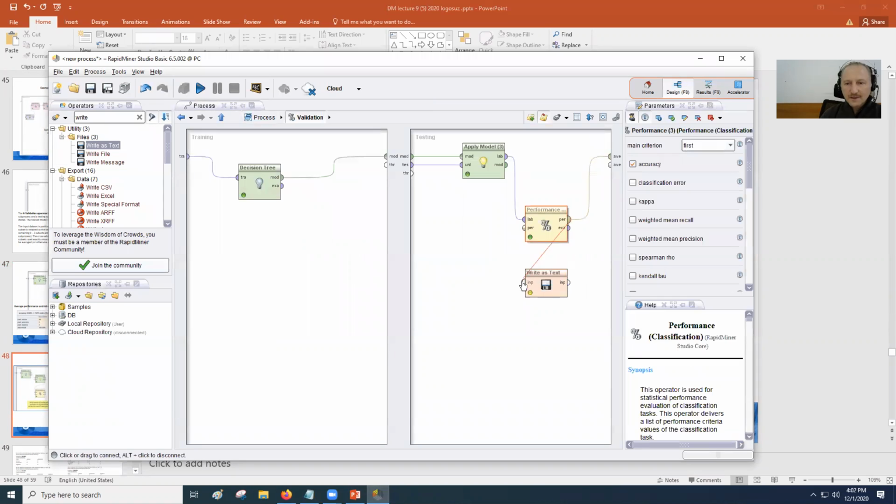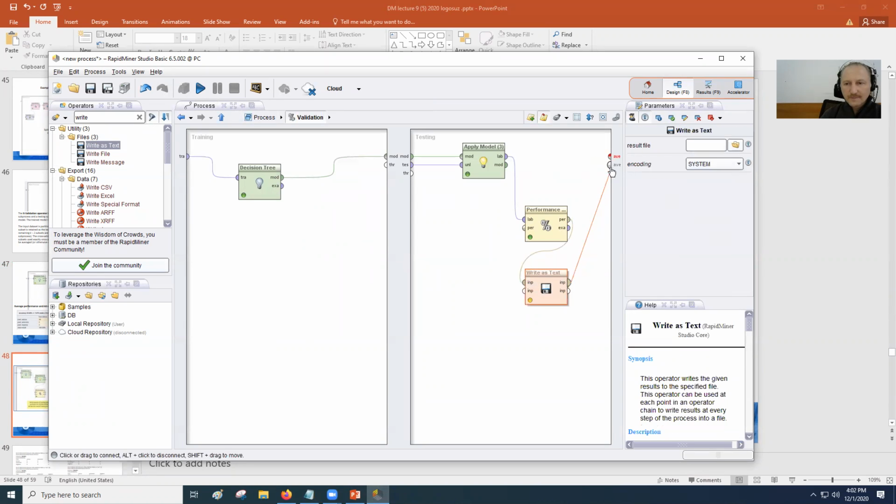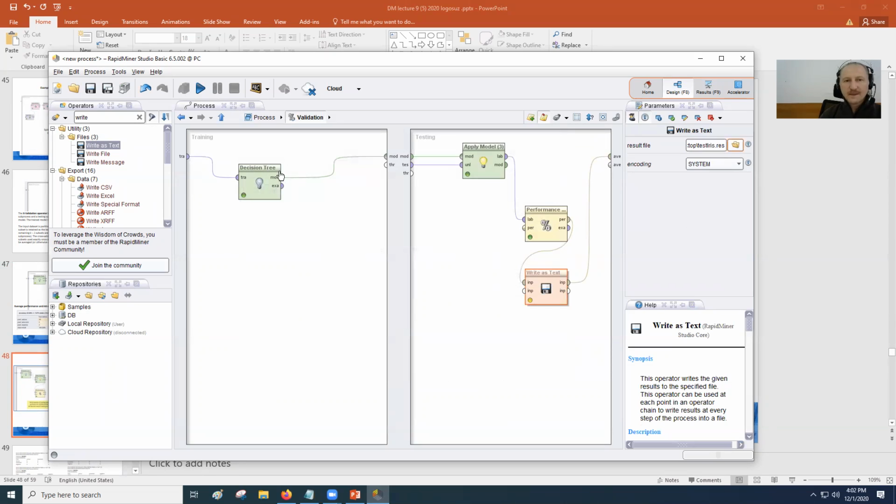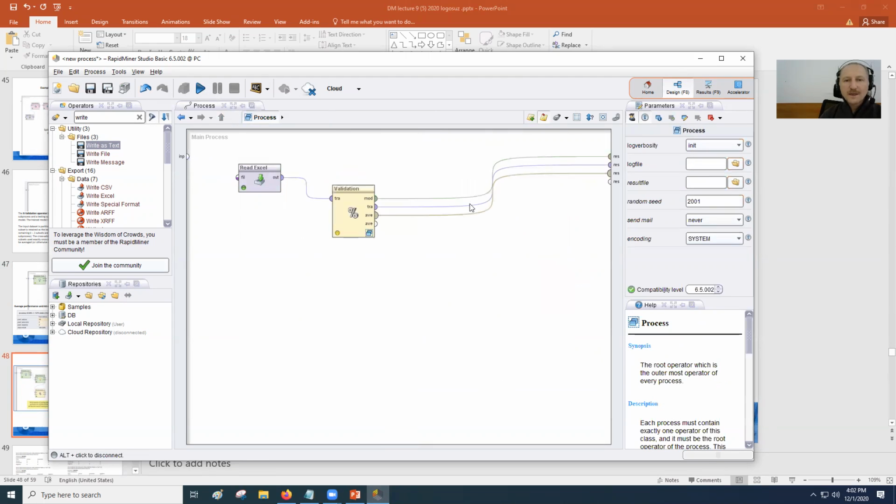We can write the result into a text file, to where you want, for example to the desktop, named test Irish. I want to save the result to the desktop. Also, you can make it for training. Also, you can go outside and make it for the whole dataset, the same way.